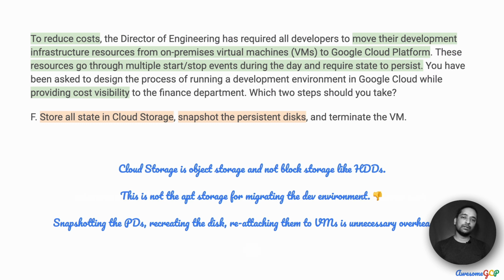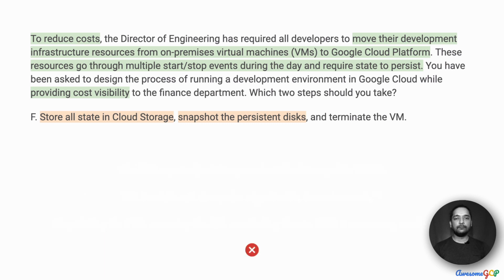So cloud storage is not the right storage when migrating a dev environment to Google Cloud. Again, we saw that snapshotting the persistent disk, though possible, is just too roundabout and it increases the administrative overhead, and therefore it does not work for us. Hence, we will eliminate option F also.